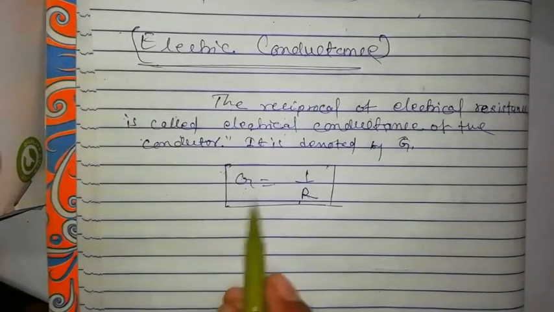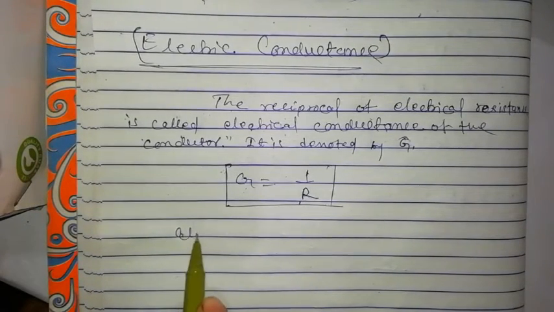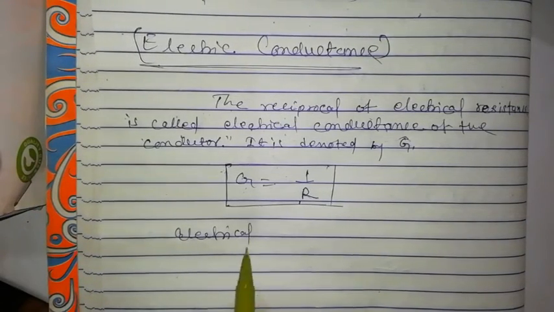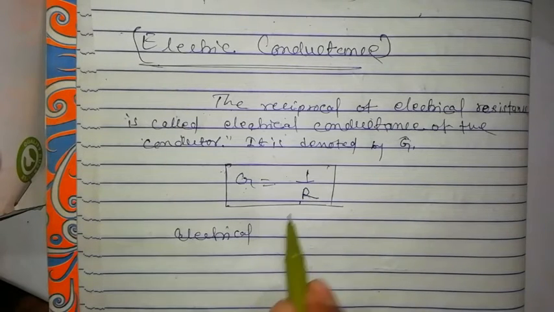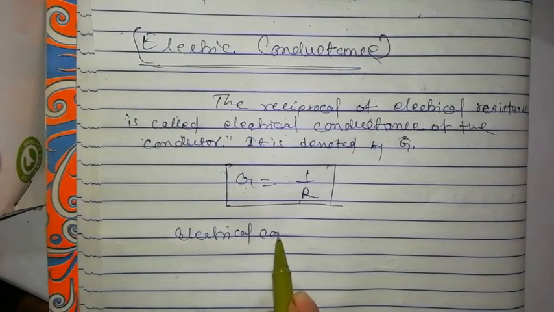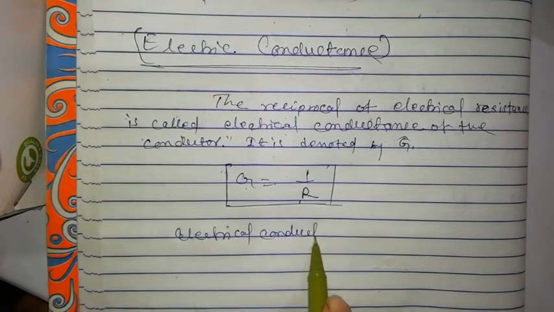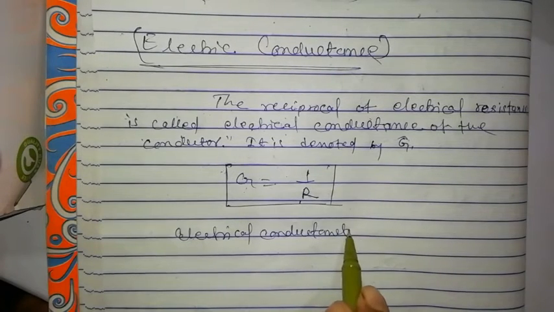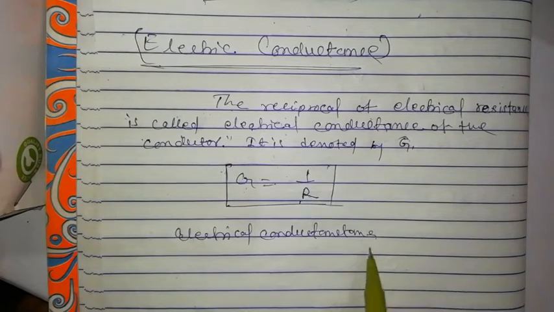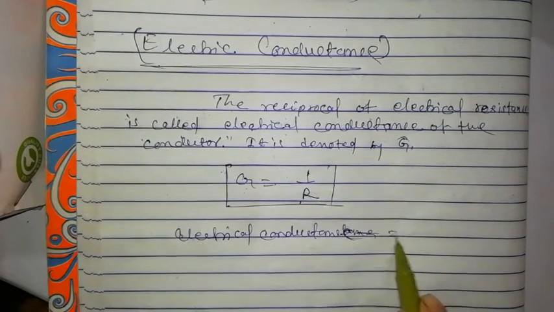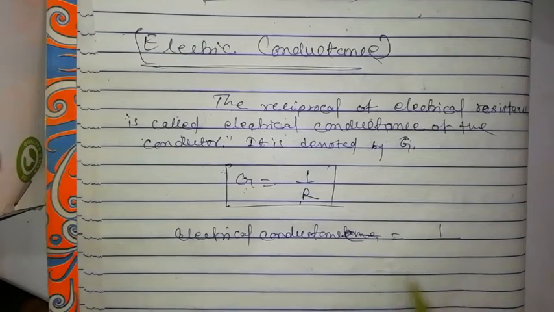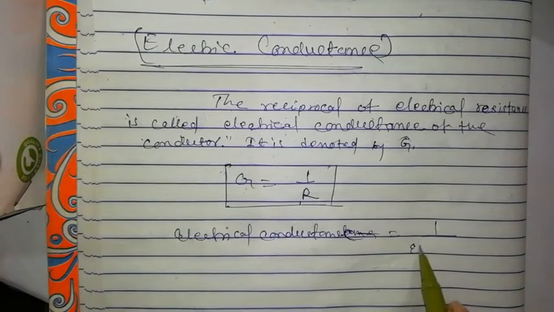Electrical conductance is equal to 1 upon electrical resistance.